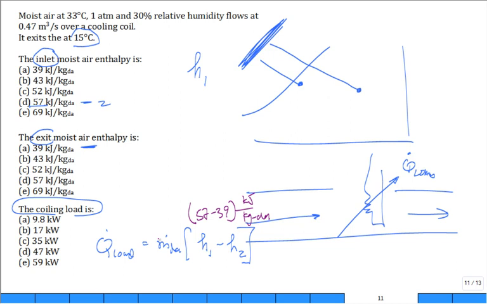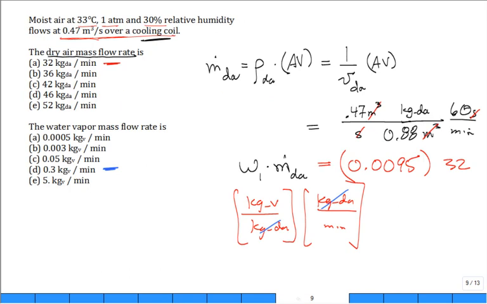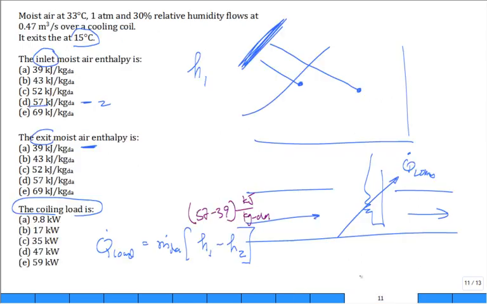And I forgot our mass flow rate of dry air we calculated in the previous problem. What was our mass flow rate of dry air? 32 kilograms of dry air per minute, right? So let's jump back over here. This is 32 kilograms of dry air per minute.